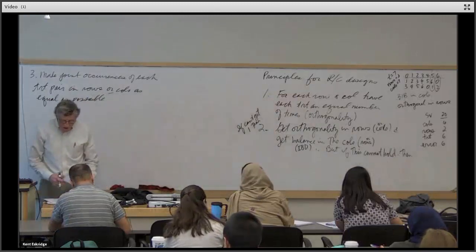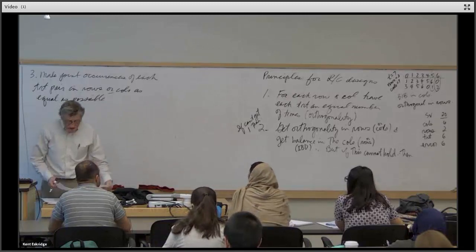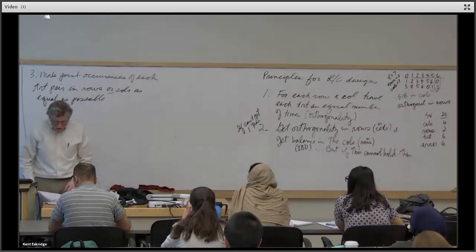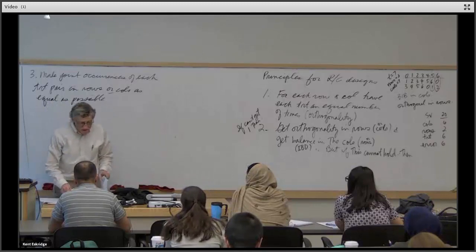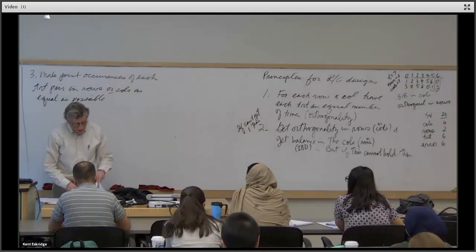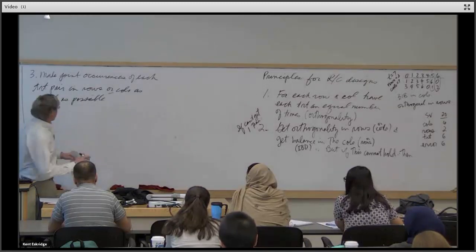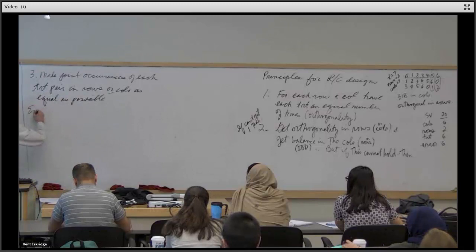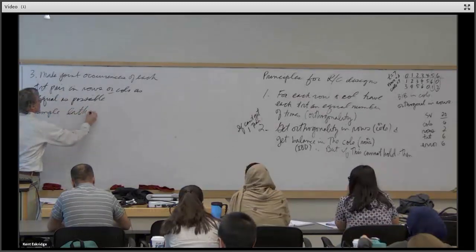Now, the simplest example of one of these is called a balanced lattice. Okay. Or a lattice square. So an example of this is a lattice square.